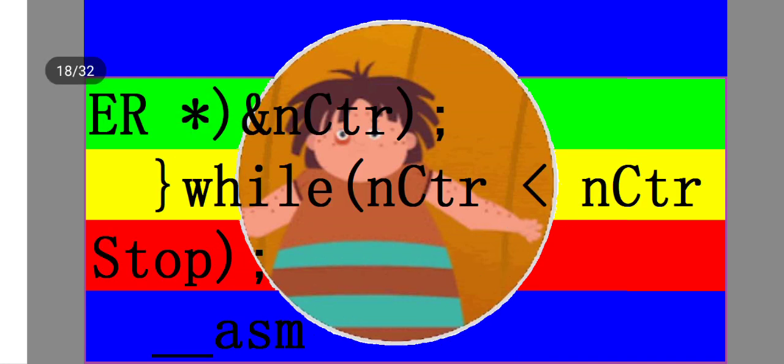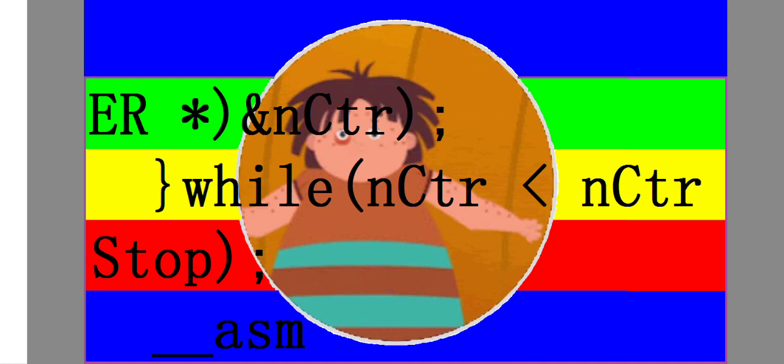Asterisk ampersand nctr semicolon. Well, nctr rather than nctr stop semicolon.